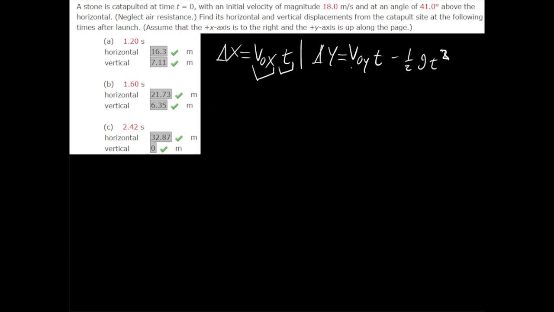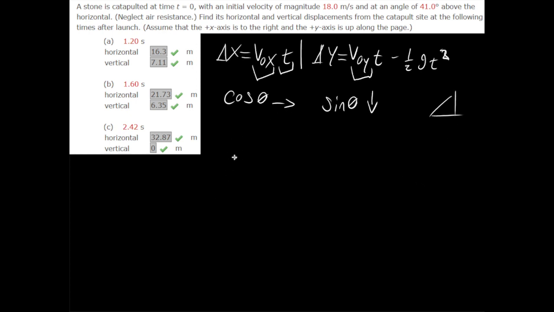then the initial velocity. Now for x and y, we can just note that cosine theta would be x, and sine theta would be the y. Just what sine and cosine would be here.